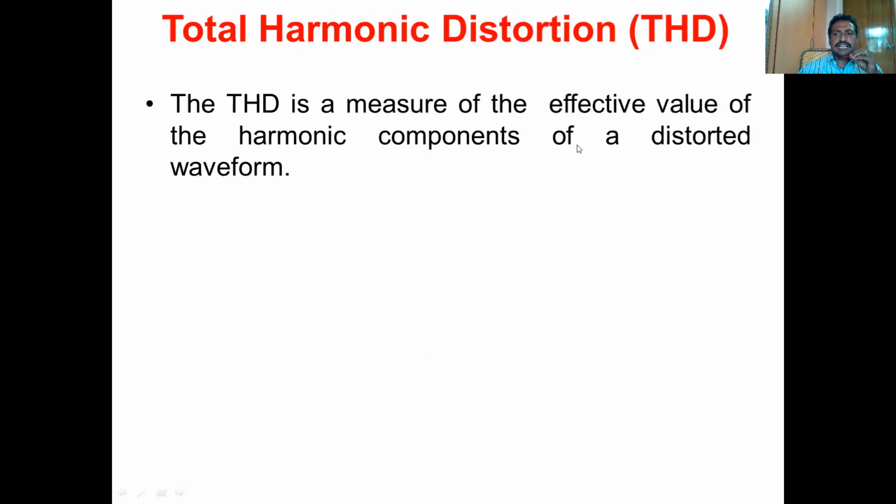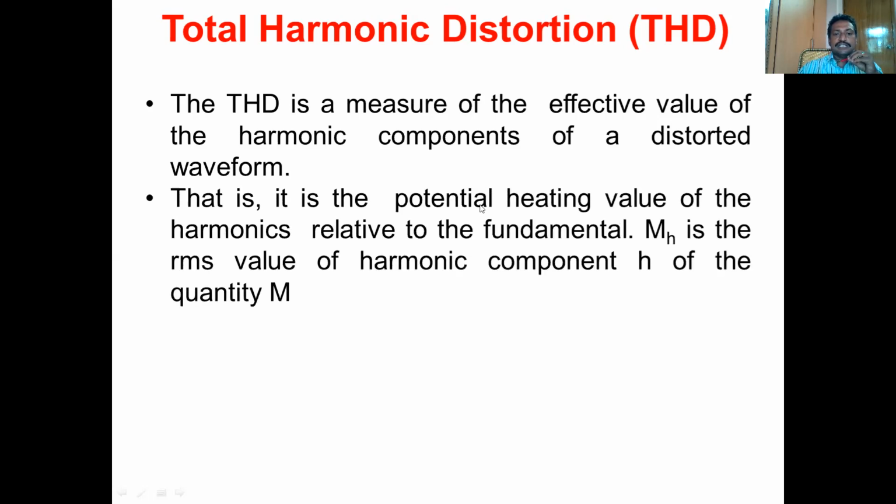First we see the total harmonic distortion, already explained in an earlier video. The THD is a measure of the effective value of the harmonic components of a distorted waveform. It is also the ratio of harmonic current to the fundamental, indicating the potential heating value of the harmonics. Because of harmonic current, the heating effect also increases.